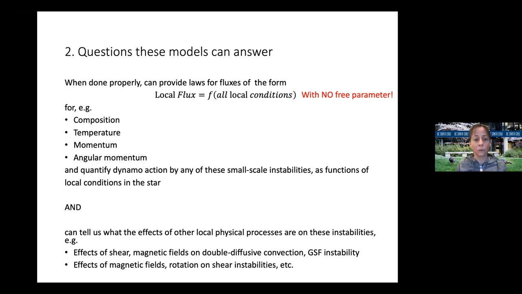And if you include magnetic fields, you can also quantify dynamo action by these small scale instabilities if you're interested in that. And then you can mix and match processes and see what the effect of some processes are on the instabilities. So look at the effect of shear, for example, on fingering instability, or the effect of magnetic fields like Adrian did. So lots of combining processes once you understand the basic ones.